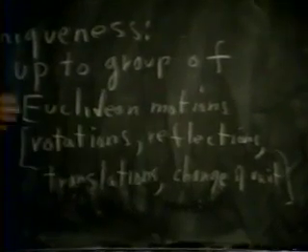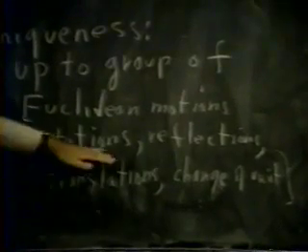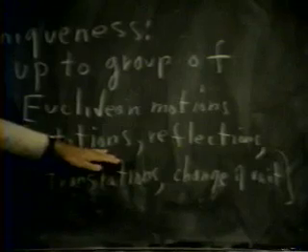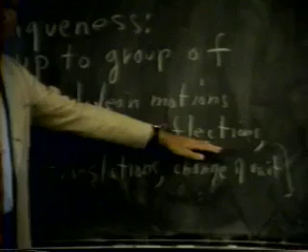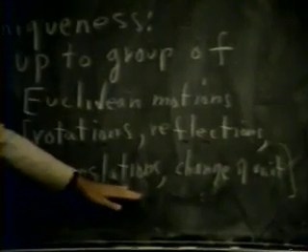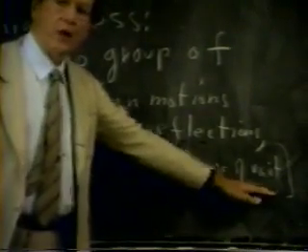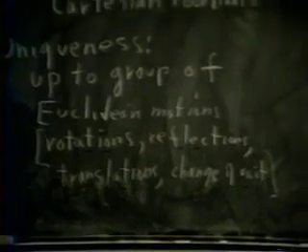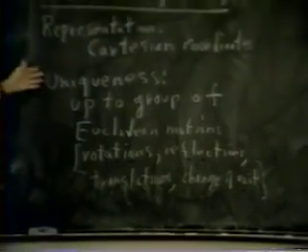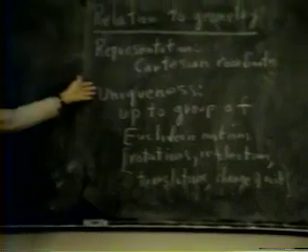And that means it's unique up to what? To rotation of the orientation of the Cartesian axes, reflections from left to right of those axes, translation of the axes in terms of changing the origin, and change in the unit of scale. So that in the case of Euclidean geometry, just as in the case of measurement of mass or other cases of fundamental measurement, we have a representation theorem and a uniqueness theorem.